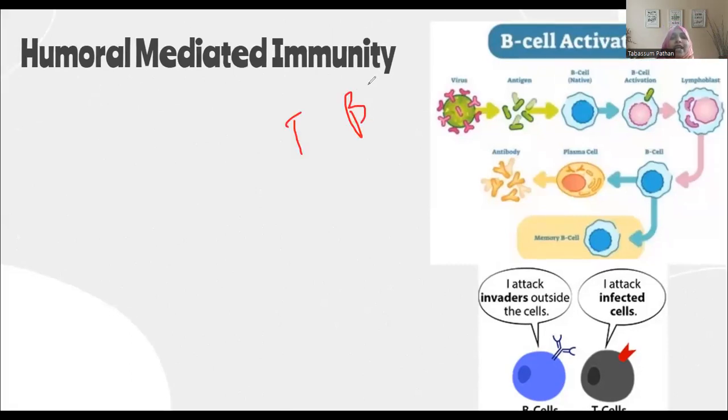When your immune system is activated by the B cell, the B cell will take care of the antigen and kill it. So this particular type, we will call humoral mediated.